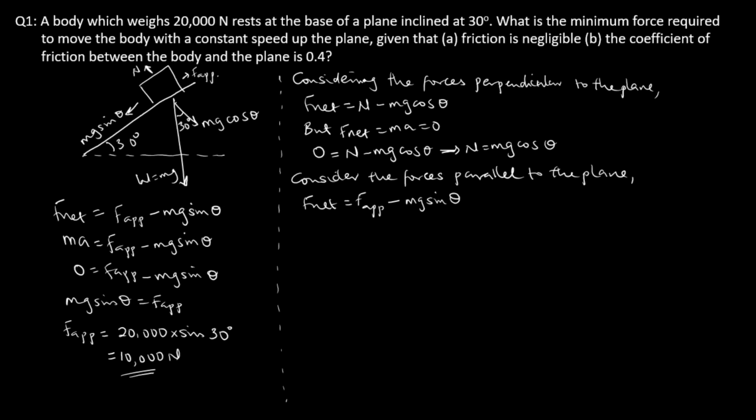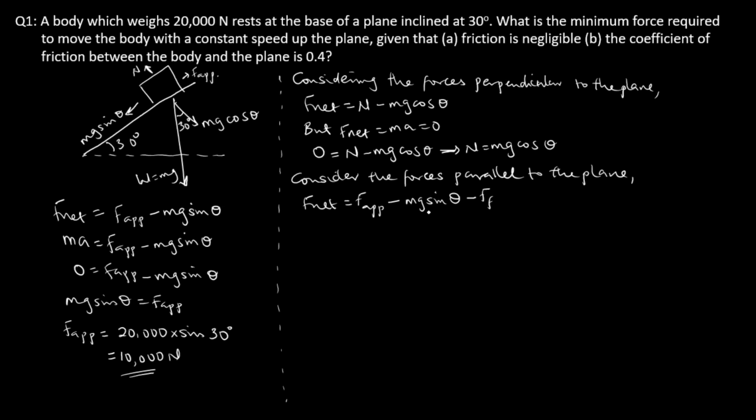Now we are considering the fact that there is frictional force. Where would friction act? Friction opposes motion, so the force applied pulls the body upward. As such, friction would act downward. It opposes motion, so we can write here minus frictional force.